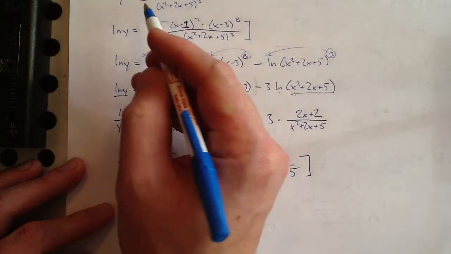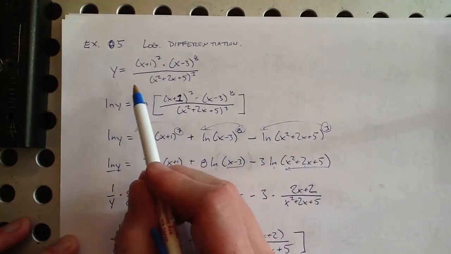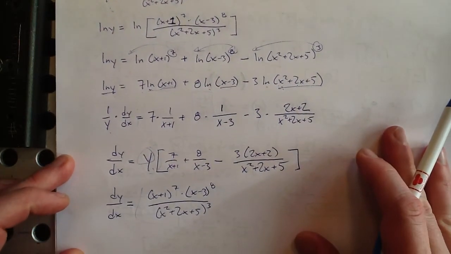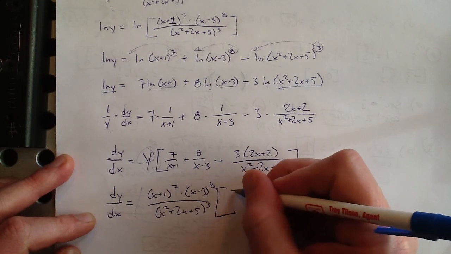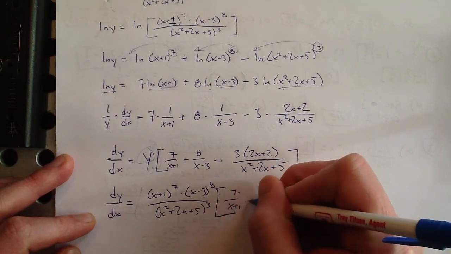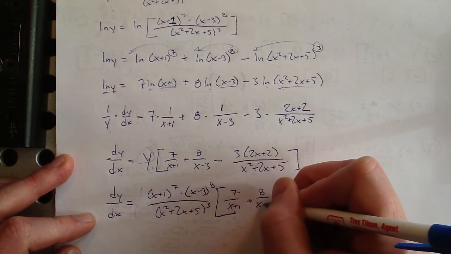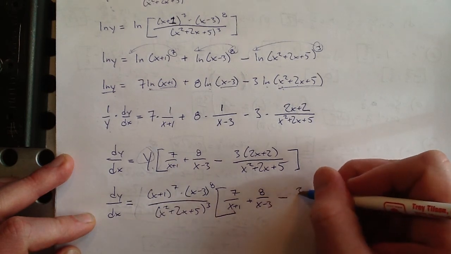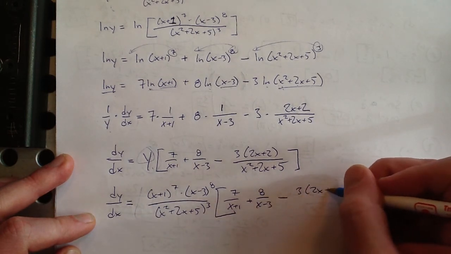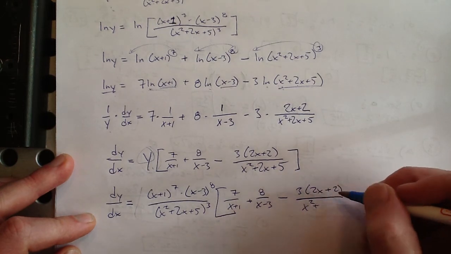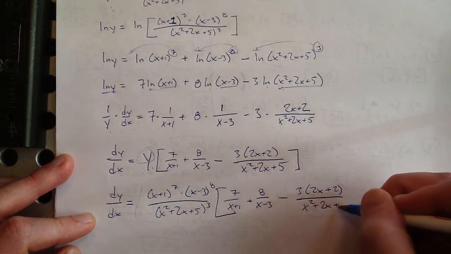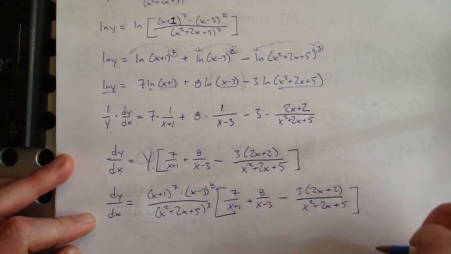That's our y equals. Original function times this: 7 over x plus 1 plus 8 over x minus 3 minus 3 times 2x plus 2 over x squared plus 2x plus 5.